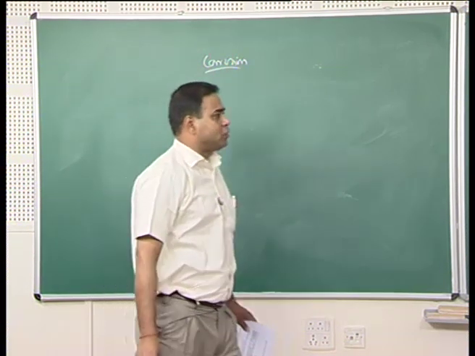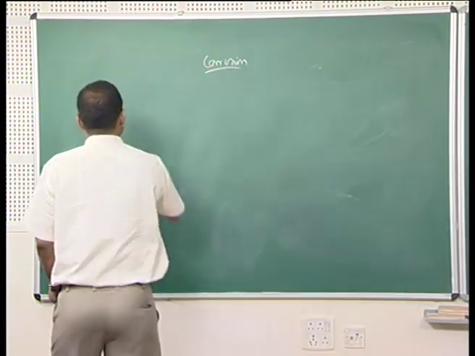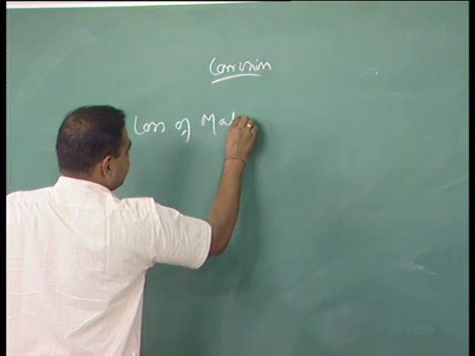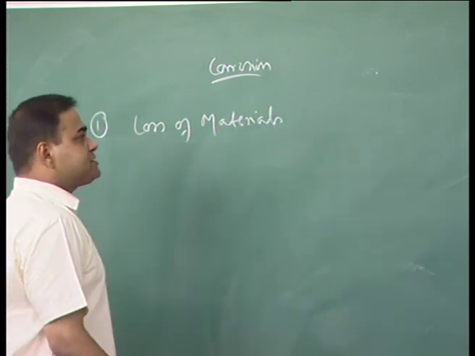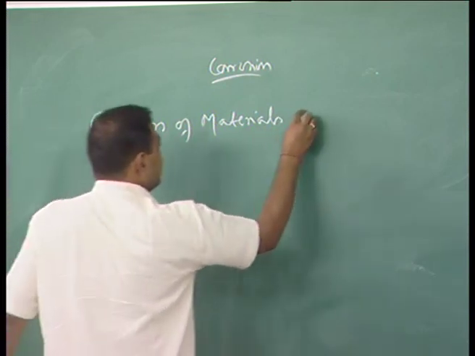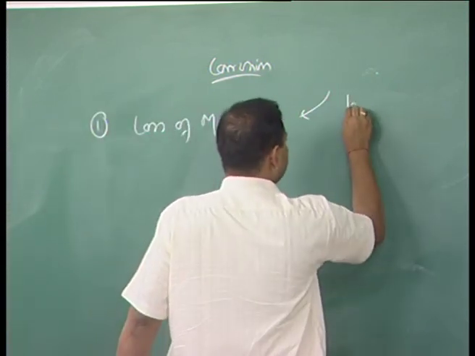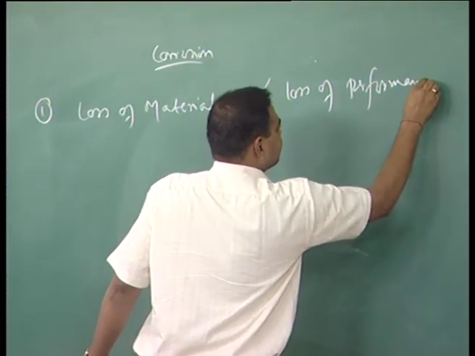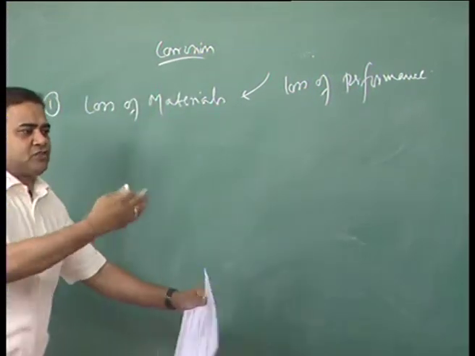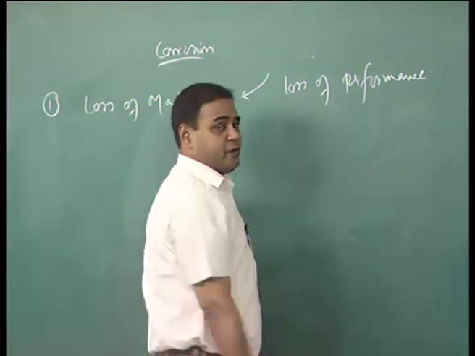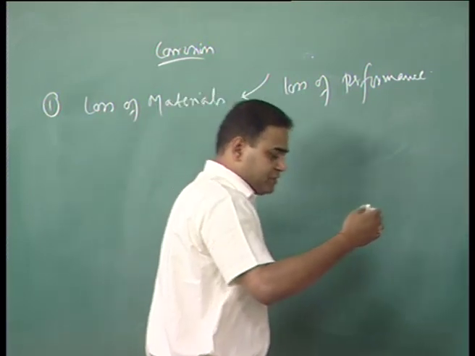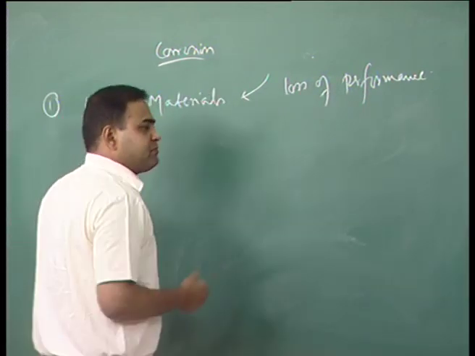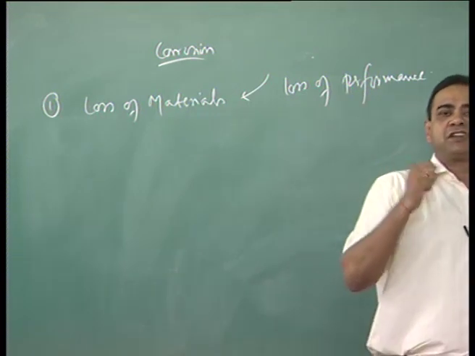When we defined corrosion, we introduced a few keywords. One is loss of material. Second, you can also have loss of performance. Let's say you don't have any direct loss of material, but still you can have loss of performance. Let's say you are wearing silver ornaments, and after some time with use they become a little dark in color.